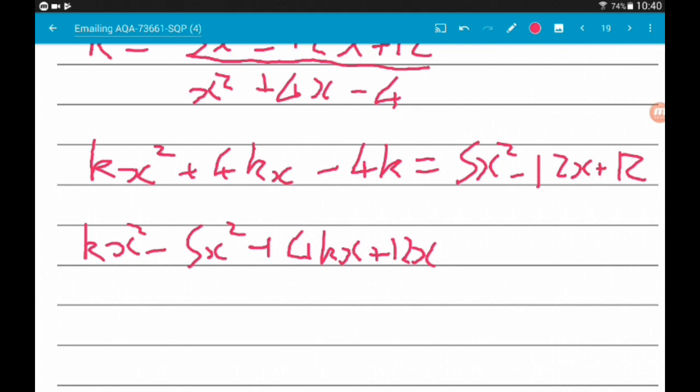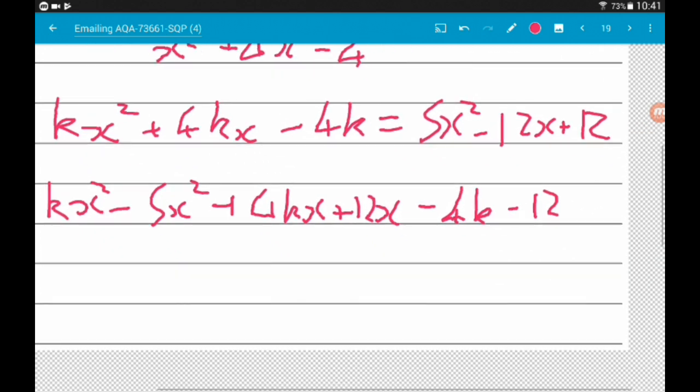And then I'm going to subtract 12, so then we're going to have minus 4k minus 12. And that is all equal to 0.